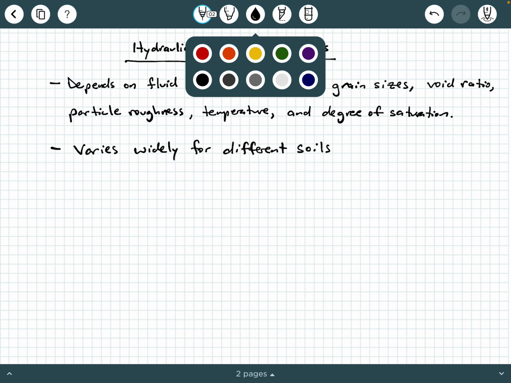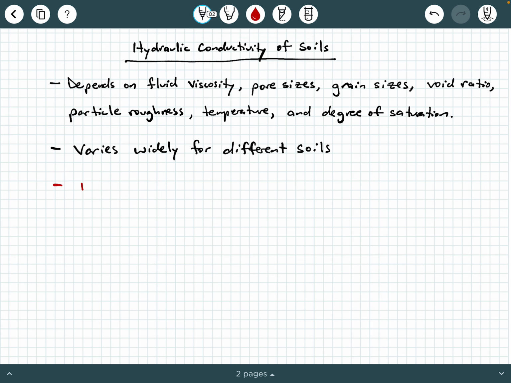So in general, let's write this down. In general, finer particle soils have a lower hydraulic conductivity.